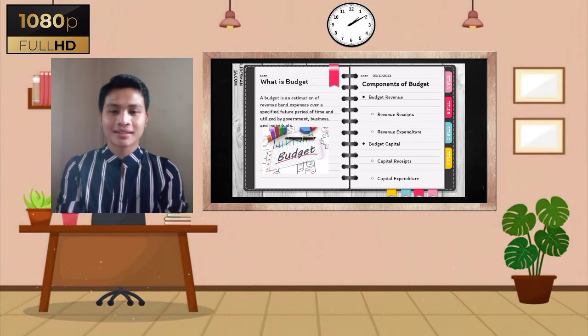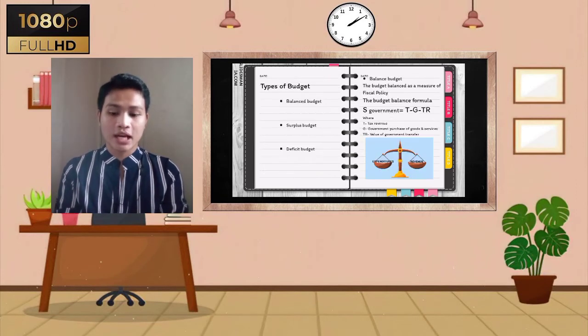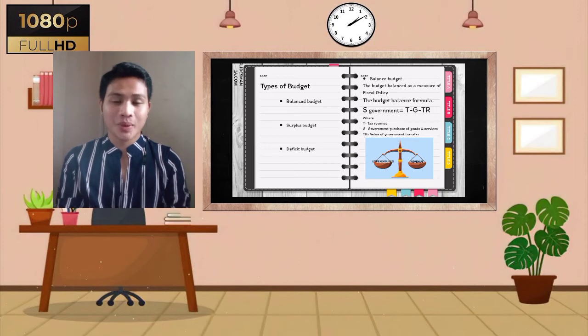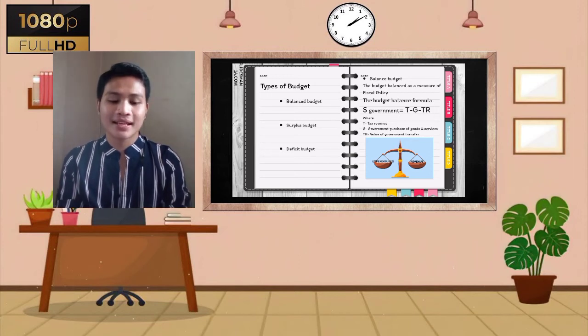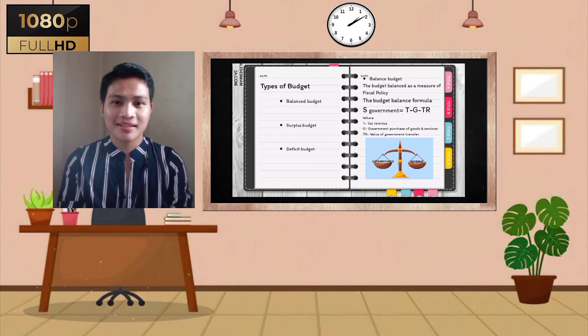Moving on, let's have the types of budgets. There are three types of budgets, namely balanced budget, surplus budget, and deficit budget. May I request somebody in the class to read what is balanced budget? Yes, Mr. Luchin.